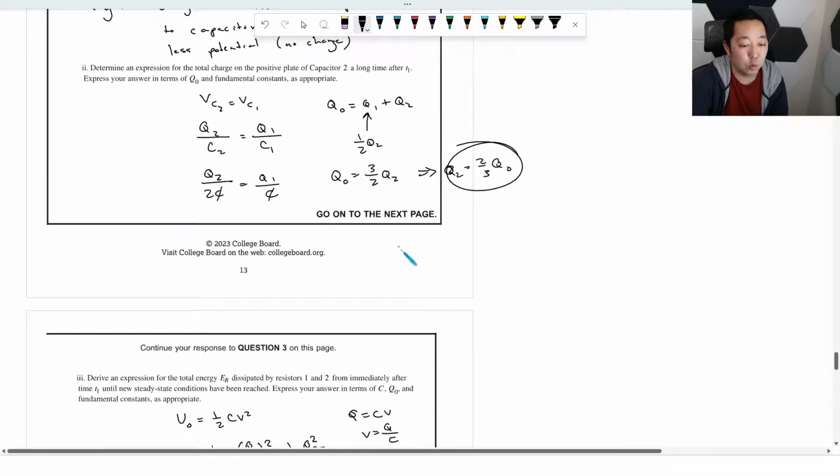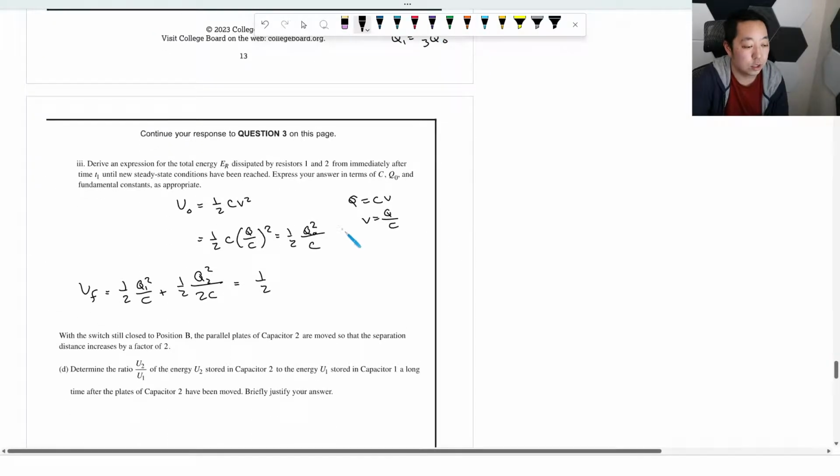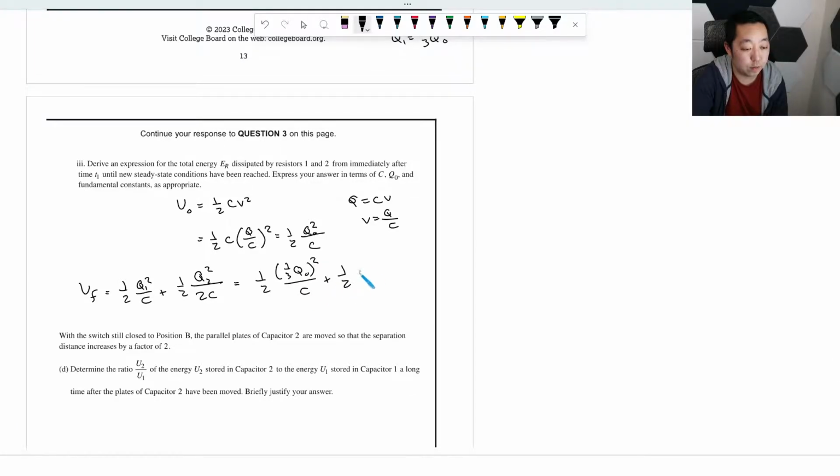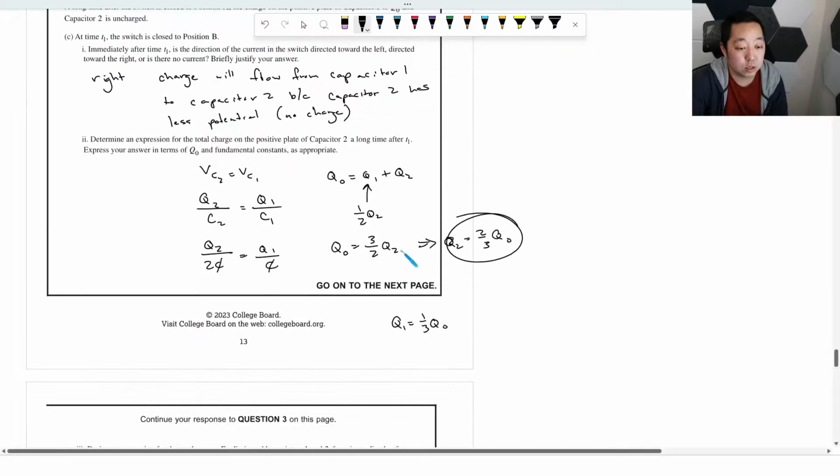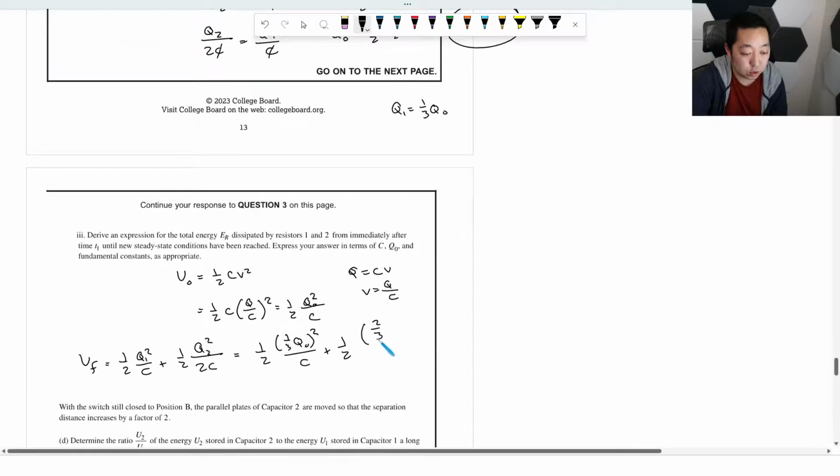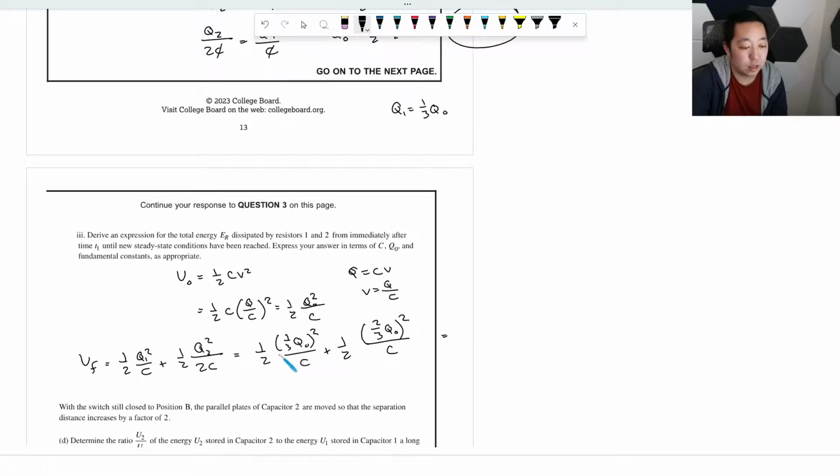So we know that Q1 has to be 1/3 Q0 because the total charge has to add to Q0. So this is going to be 1/2 times 1/3 Q0 squared over C, plus 1/2 times 2/3 Q0 squared over 2C. That's 1/9 times 1/2, which is 1/18 Q0 squared over C, and this one would be 4/9, or 4/18 Q0 squared over C. So that's going to be 5/18 Q0 squared over C. So the change in the energy is going to be this minus that.